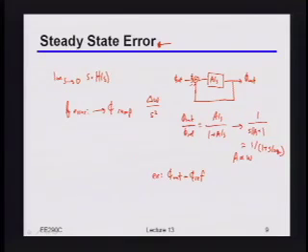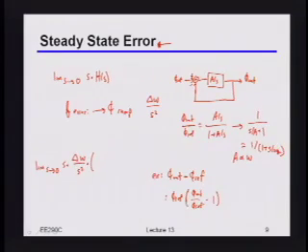Okay, so now if I want to know the steady state phase error, all I have to do is take the limit as s goes to 0 of s times that input reference, which is delta omega divided by s squared. And since I'm interested in phi out minus phi ref, I can do it as phi out over phi ref minus 1, right?